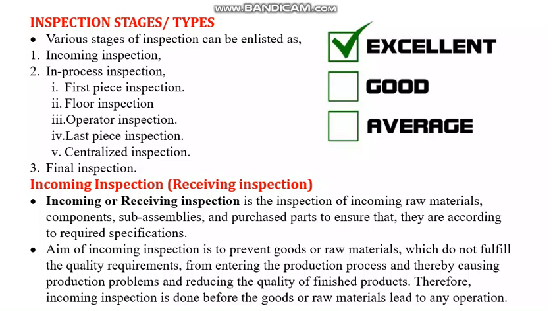The first piece inspection, floor inspection, operator inspection, last piece inspection, and centralized inspection. These 5 different inspections are there on the semi-finished or in-process material. And the third one is the final inspection.